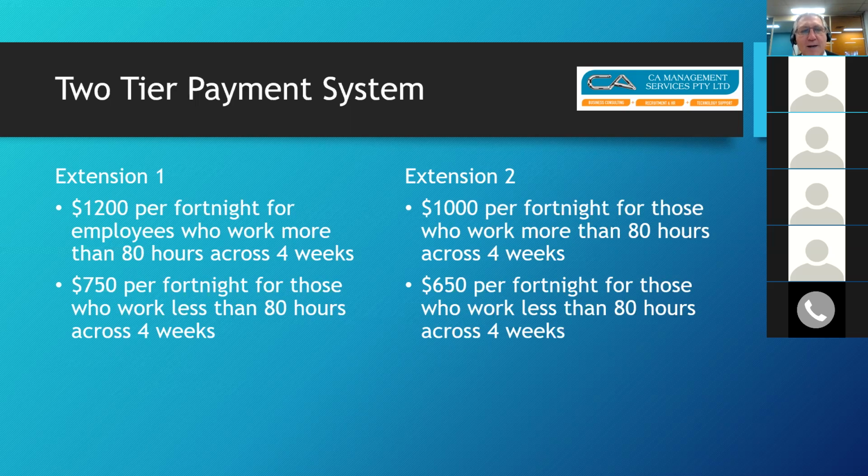If they're under 80 hours across 4 weeks, they're in the part-time. And you're really getting the 1,200 or the 750. Then as we move into next year, it drops from 1,200 to 1,000 and 750 to 650. But the criteria of whether you're working is still 80 hours across 4 weeks.